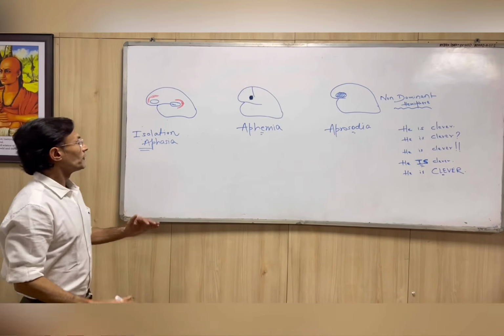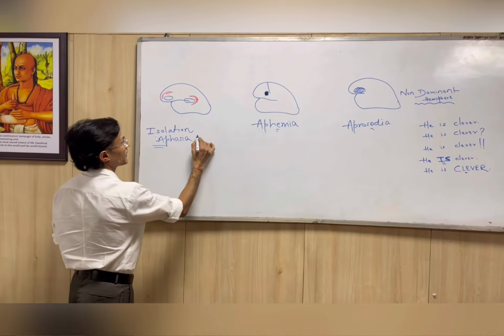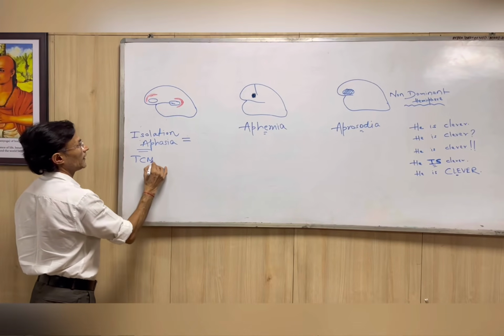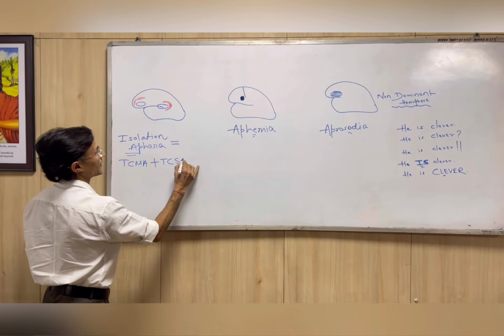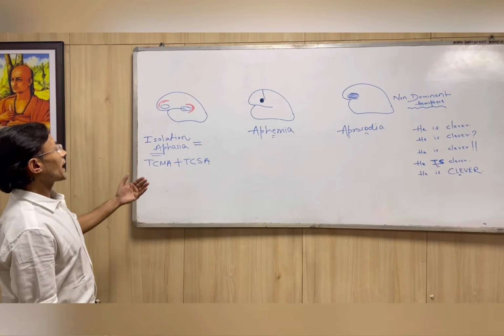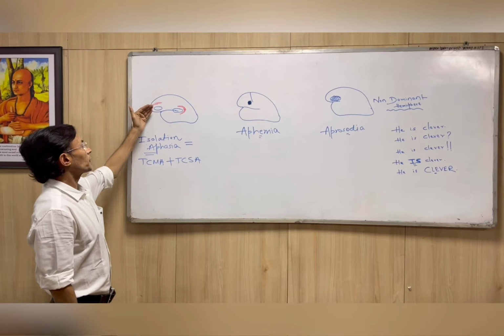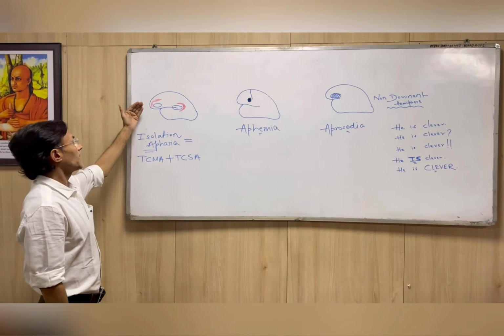Isolation aphasia is equal to transcortical motor aphasia plus transcortical sensory aphasia. These two things we have already discussed. In transcortical motor aphasia, the lesion is in the association area in front of Broca's area, for example a CVA.